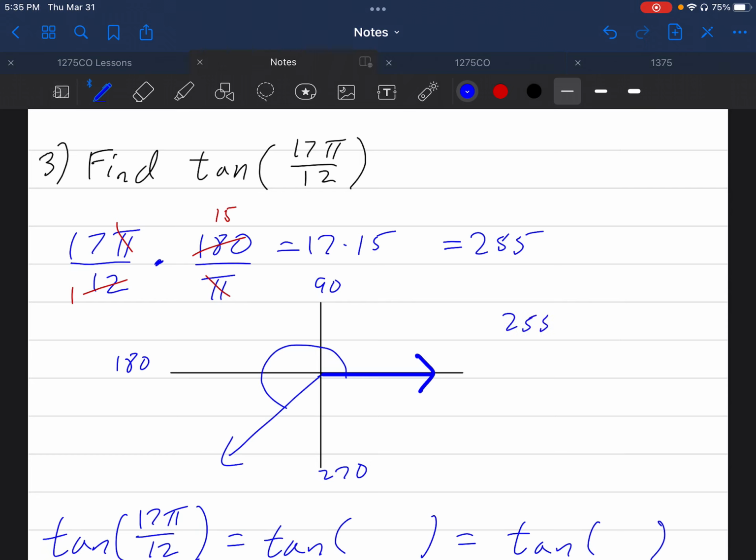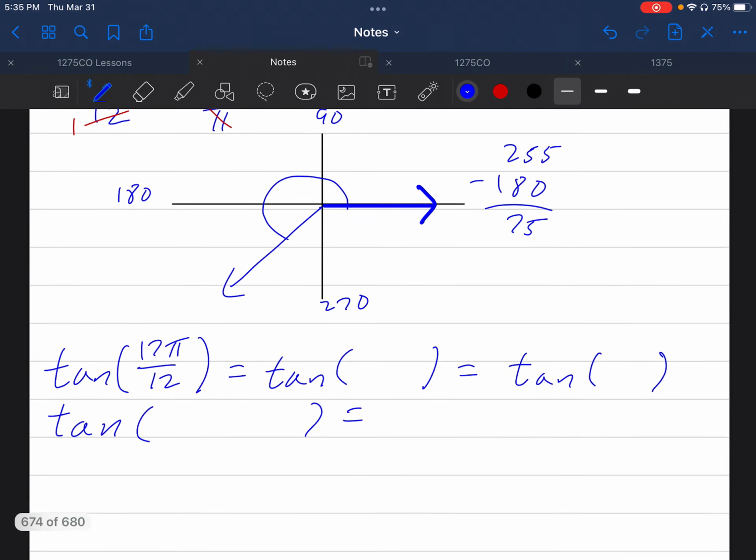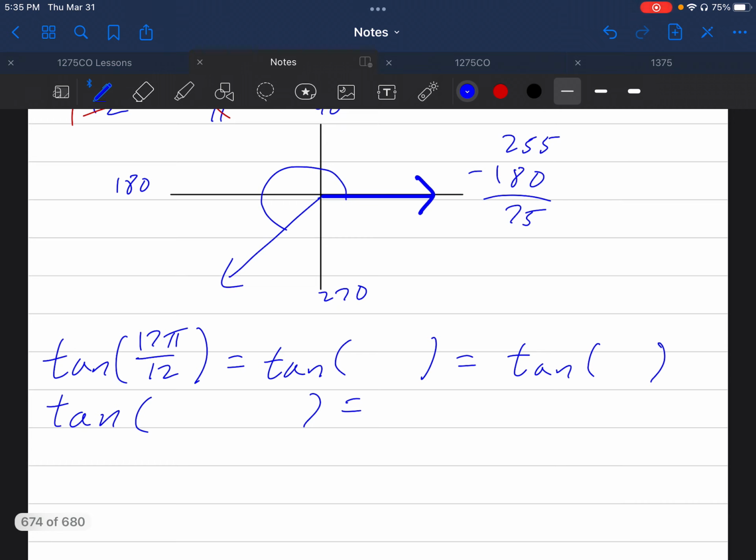So that's going to be 255 minus 180, and this is equal to a reference angle of 75 degrees. So again, tangent of 17 pi over 12 is equivalent to the tangent of 255, which is also equivalent to the tangent of 75.